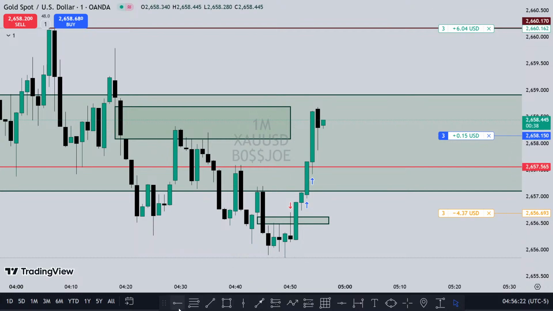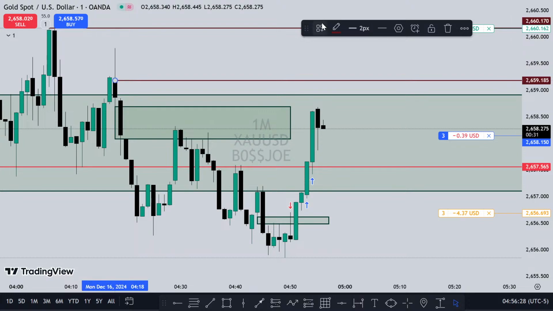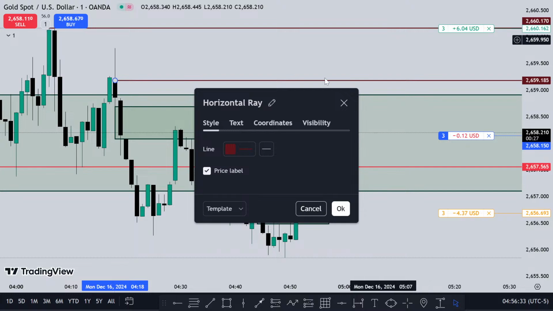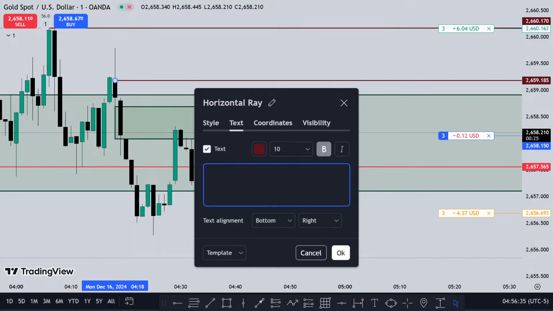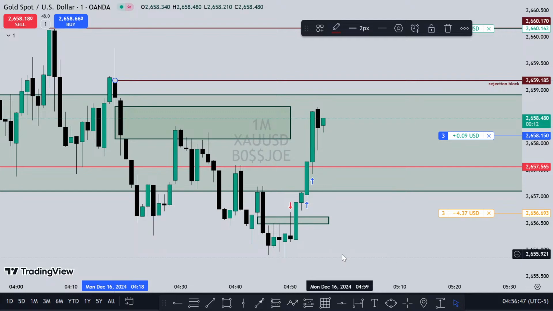But there's also a minor one here, right here. This is a rejection block as well. So that's a rejection block. Then we also have minor buy side right here.